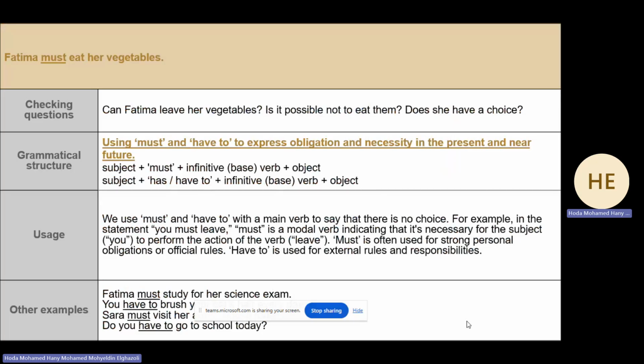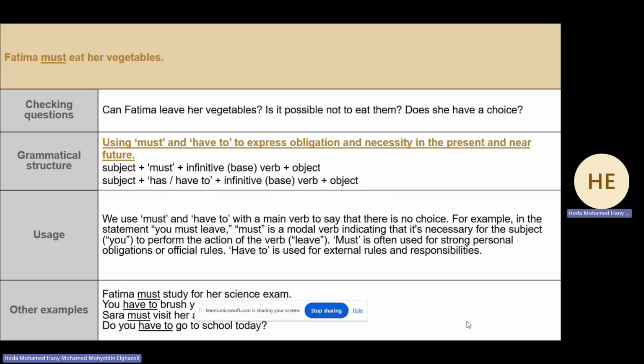For example, you must leave, or you have to follow the rules, because have to is used for external rules and responsibilities. You have to brush your teeth in the morning. And you must go to school every day.